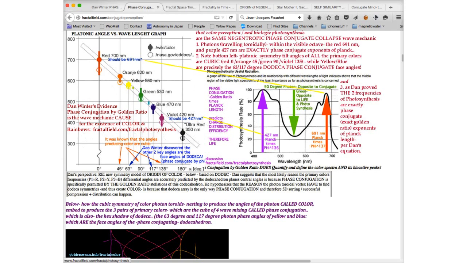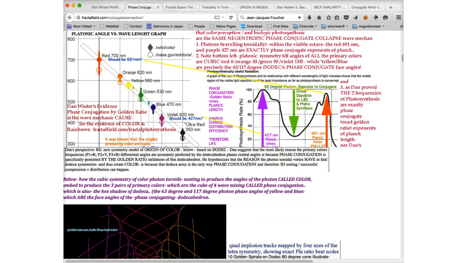The inside of that angle is 63 degrees. So 63 and 117 degrees being the angle that make yellow and blue is proof that the vortex angle of the photon donut that makes yellow and blue is actually because the donut photons have to make a dodecahedron. In other words, phase conjugate.